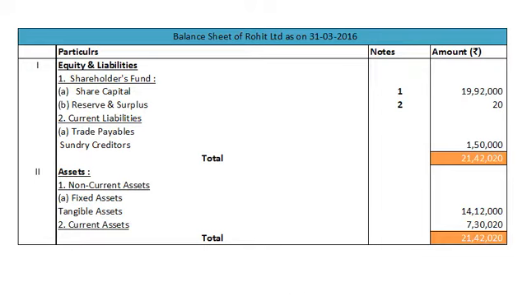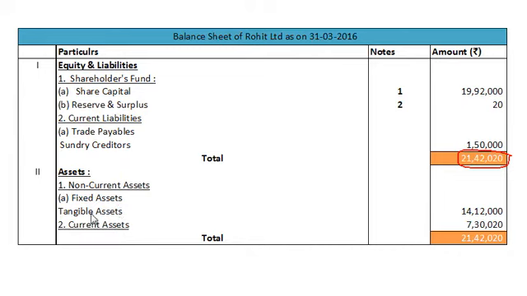And now we will prepare the balance sheet of Rohit Limited as on 31st March 2016 after redemption. On the equity and liability side we have share capital, note number 1, 19,92,000, reserve and surplus, note number 2, 20 rupees, and current liabilities, sundry creditors rupees 1,50,000, and the total of equity and liability amounts to 21,42,020.